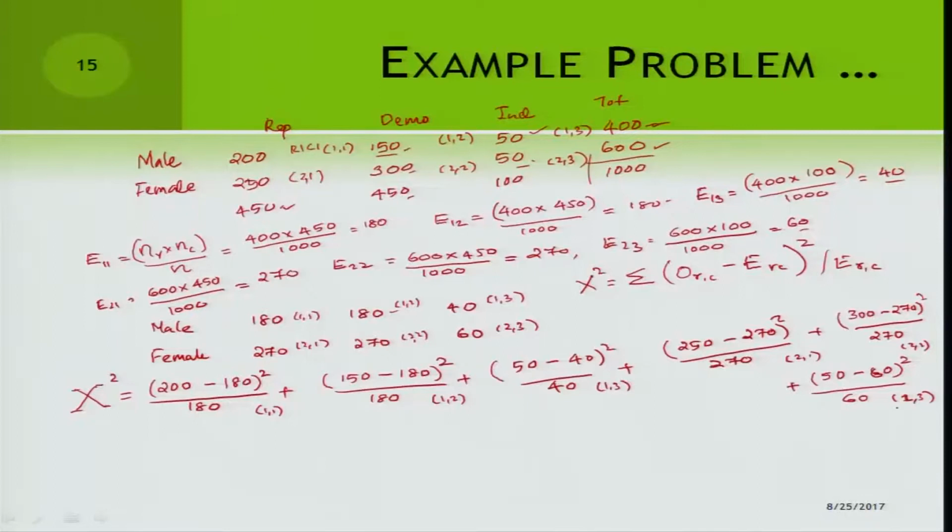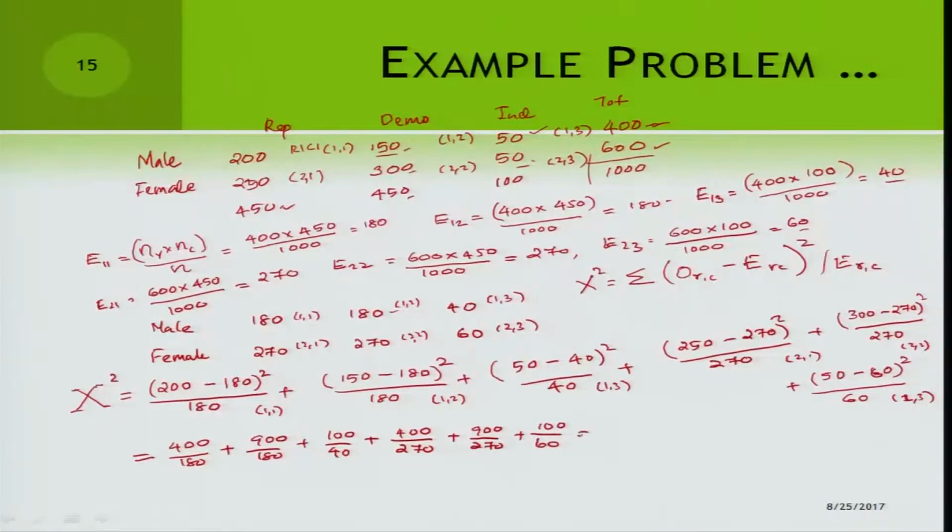All those values are summed up. So you will get 400 by 180, plus the next one 900 by 180, the third one 100 by 40, then the fourth one 400 by 270, plus the next one 900 by 270, then the last one 100 by 60.